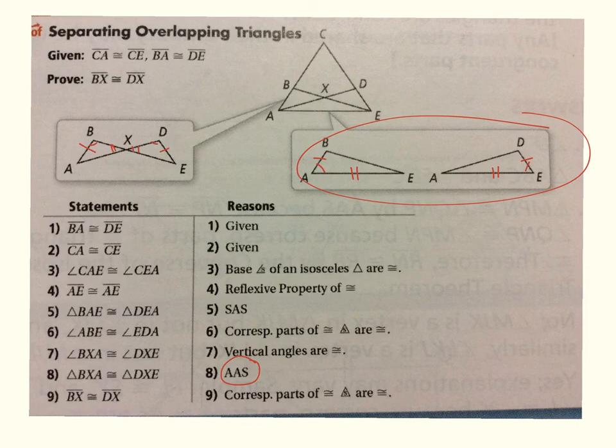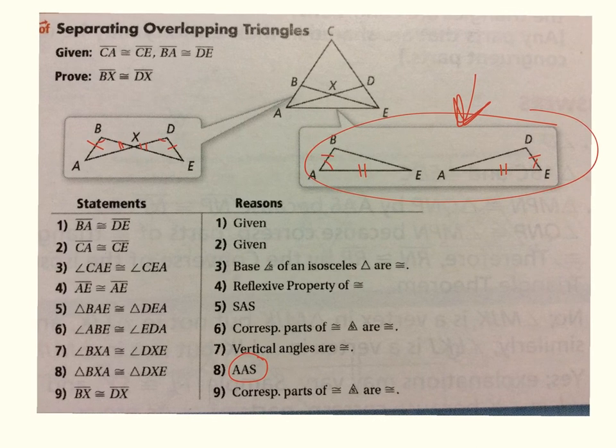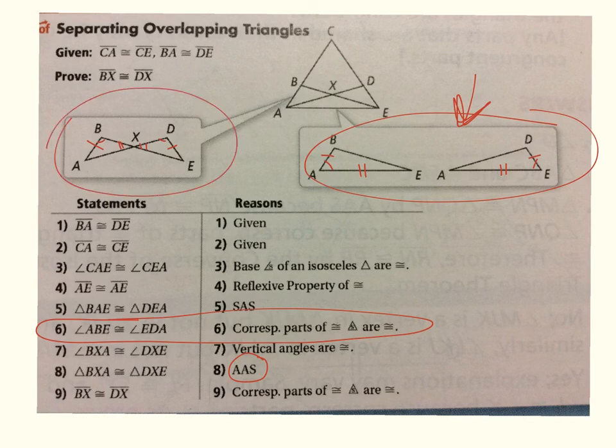We had to start out by showing that these two triangles were congruent, which then we were able to use CPCTC to do this statement, because that statement is what allowed us to do angle side for these pairs of triangles, and then finish off the proof. So this is the longest proof that you'll probably see in this chapter.